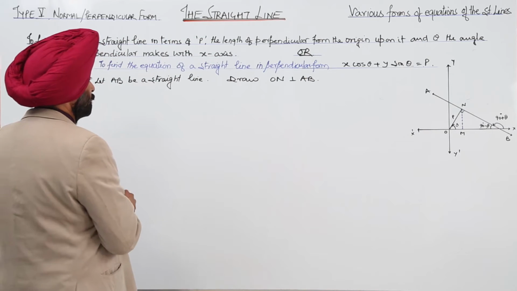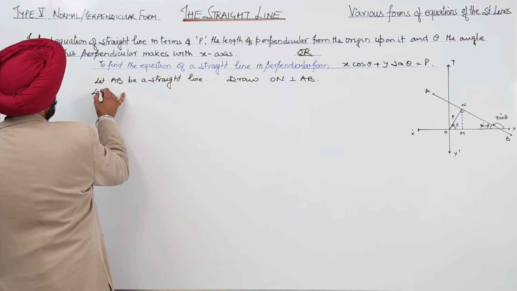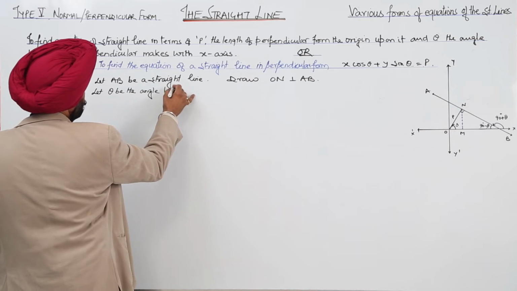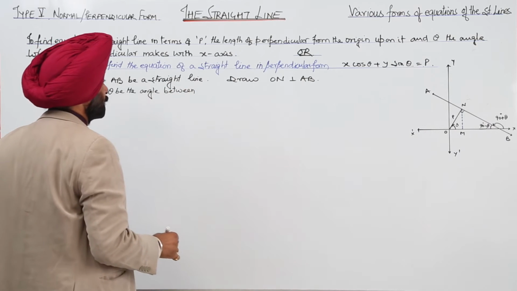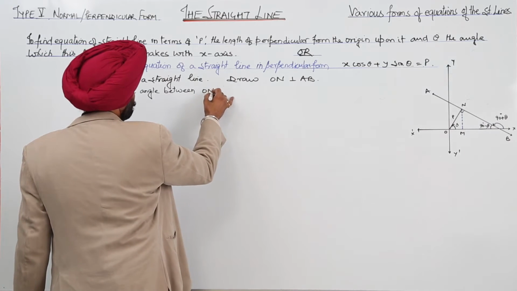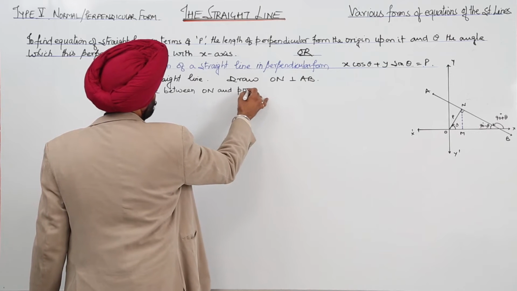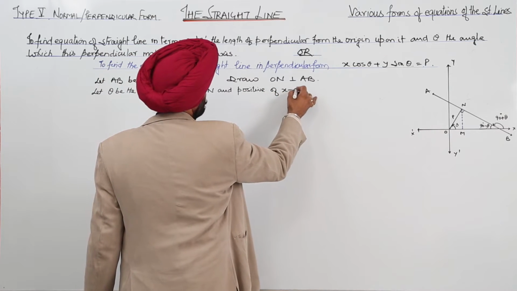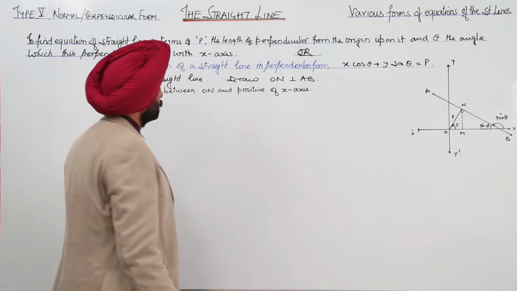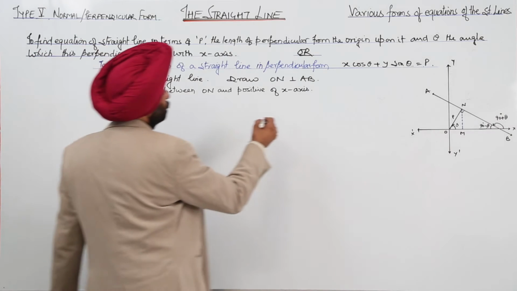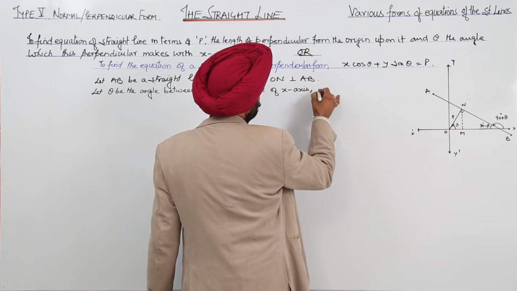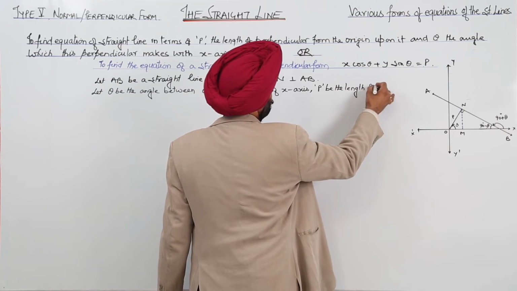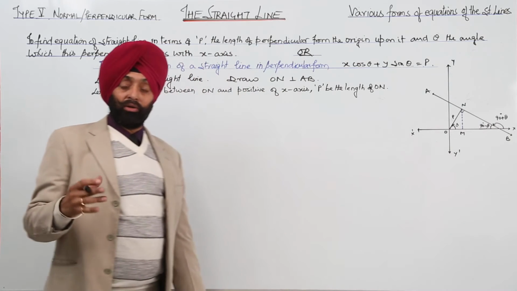Now let theta be the angle between ON and the positive direction of the x axis, and let P be the length of ON. This is what I already explained to you.